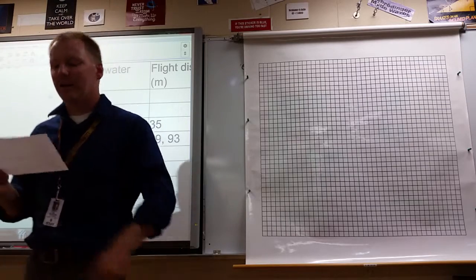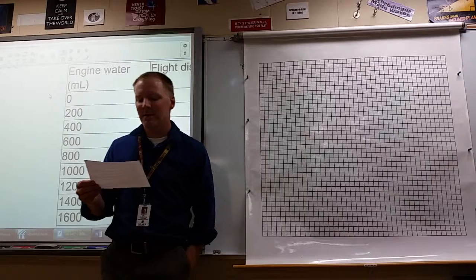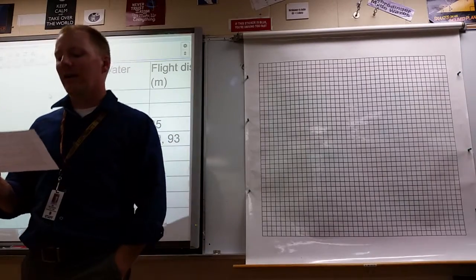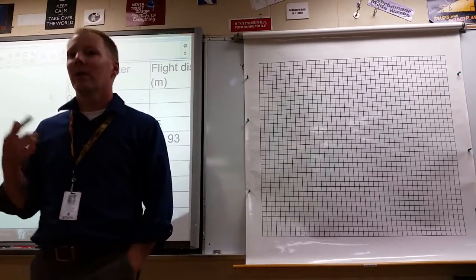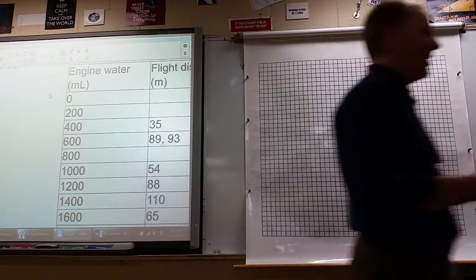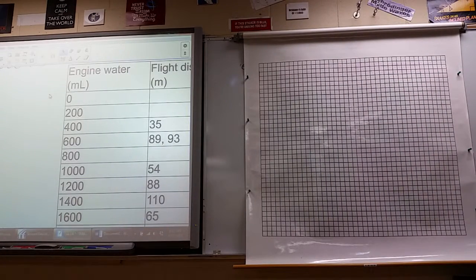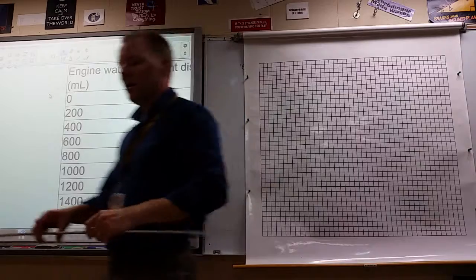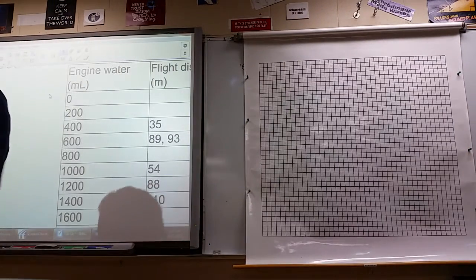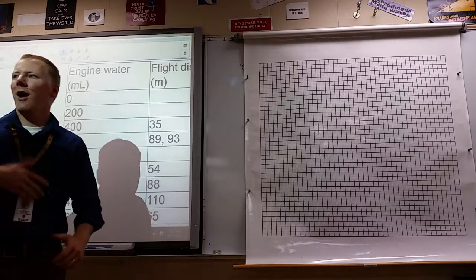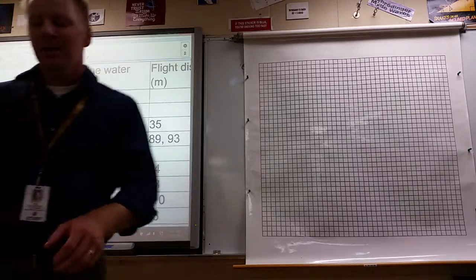So number 1 here, it says identify the dependent and independent variables for the data set. We, of course, did that as part of our setup. The independent variable for our first rocket launches was how much water we put in the engine. And the dependent for all of our rocket launches is going to be how far it flies.